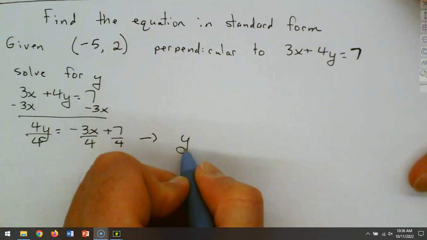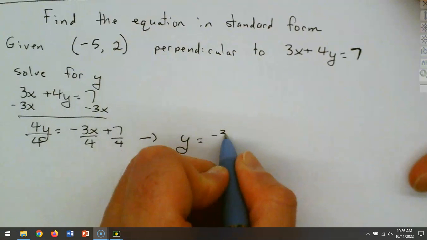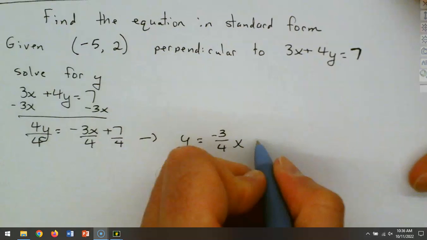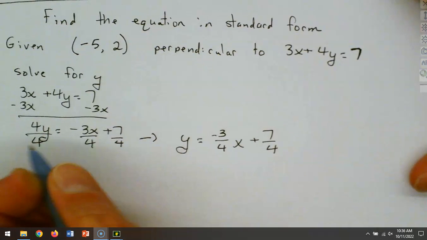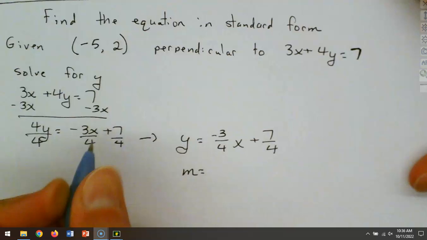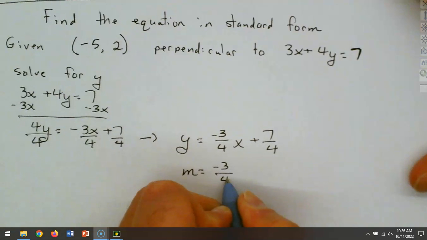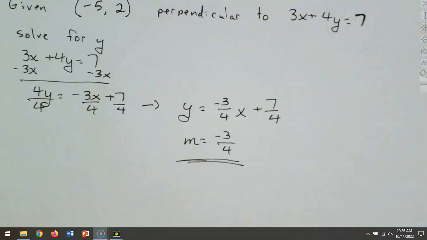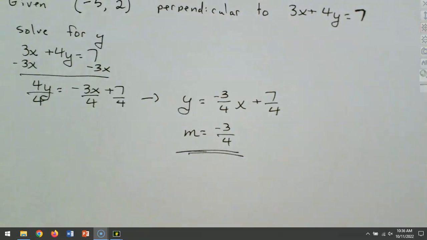And we now have y equals a minus 3/4 x plus 7/4. And I need to find that slope. So that's minus 3/4. So I just took the equation and I went and I solved it for y.